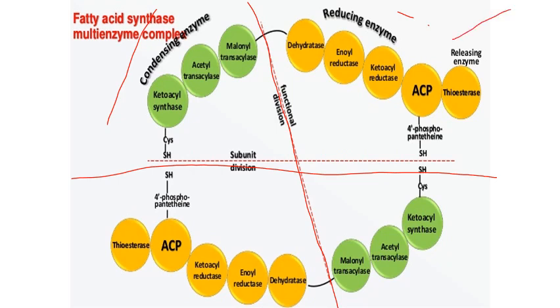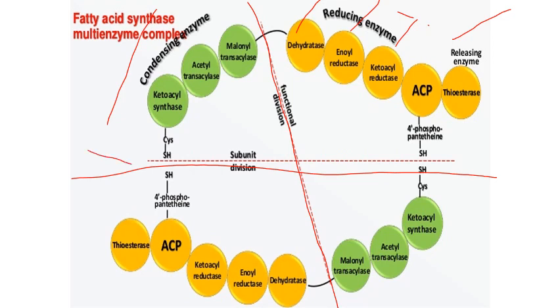The condensing unit consists of the enzymes ketoacyl synthase, acetyl transacylase, malonyl transacylase, and this ketoacyl synthase has a sulfhydryl group in its structure. And the reducing unit consists of enzymes dehydratase, enoyl reductase, ketoacyl reductase, and acyl carrier protein, which is attached to a sulfhydryl group through the 4' phosphopantetheine group, and the releasing enzyme is thioesterase.